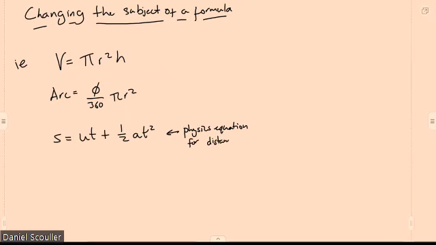You don't need to know that, but just know that these formulas are out there. You might get asked to rearrange them, or you might get another physicsy one for velocity. You might get asked to rearrange these. So it's just a physics one for velocity.